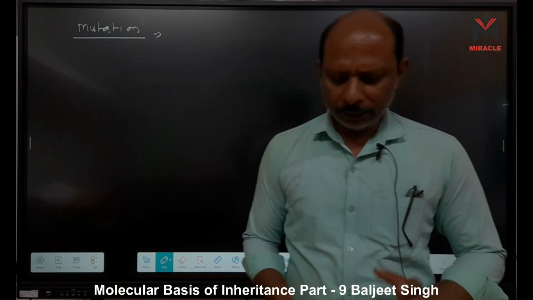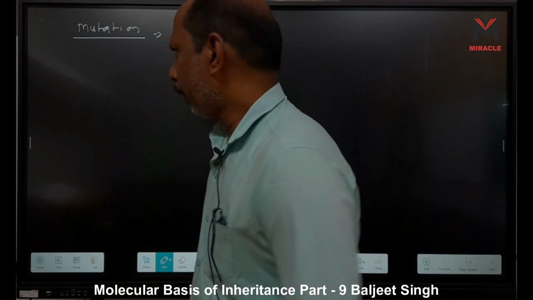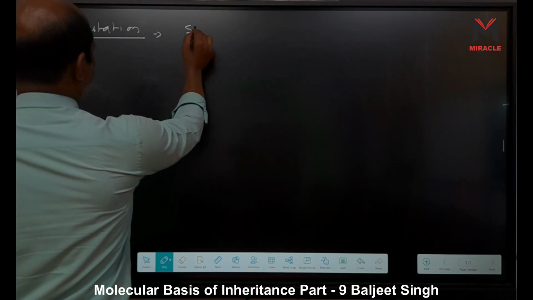Mutation means sudden changes in the DNA strand, which are inherited.